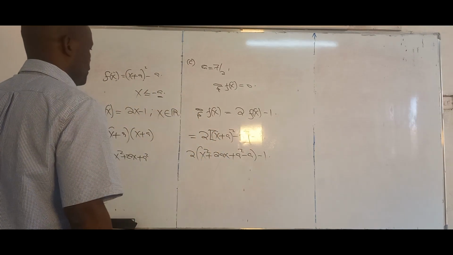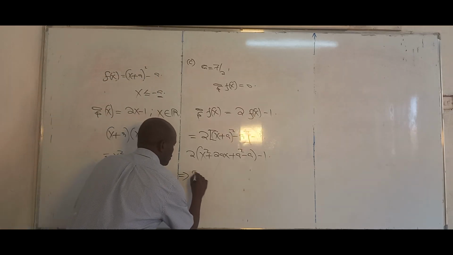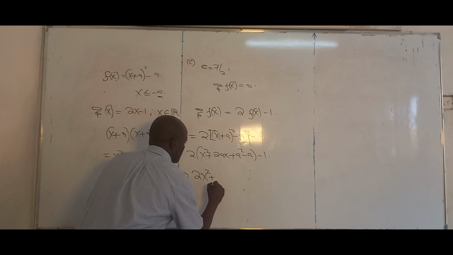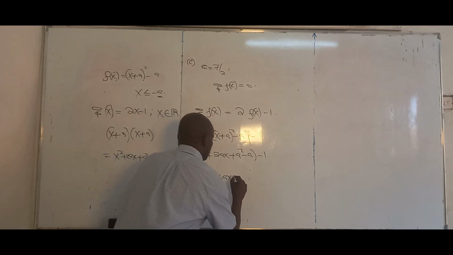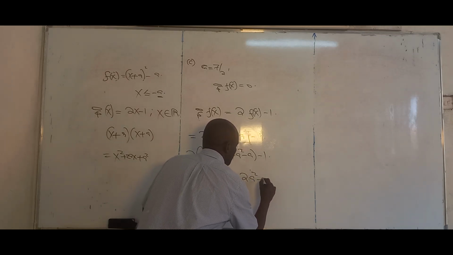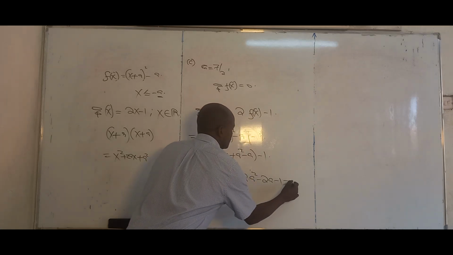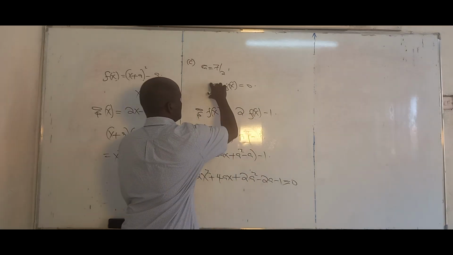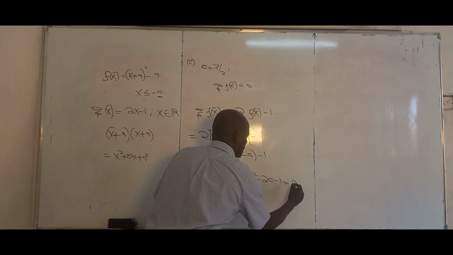So opening up the brackets here gives me 2x squared plus 4ax plus 2a squared minus 2a minus 1 is equal to 0, because we are told this is equal to 0. So I equate it to 0 because now I want to solve.